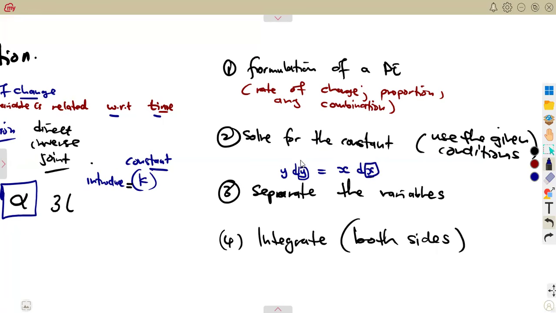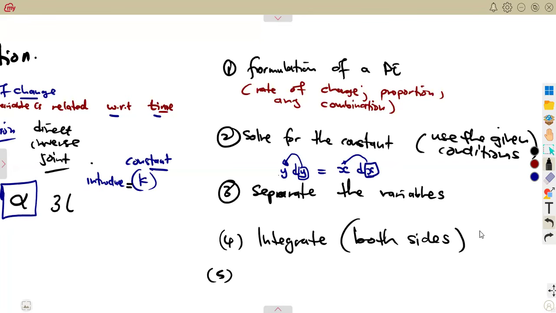With respect to y, these terms are supposed to be of y; with respect to x, this must be of x. That is to separate so that you'll be able to integrate both sides, using any relevant integral technique. That is where our integration now plays a role.